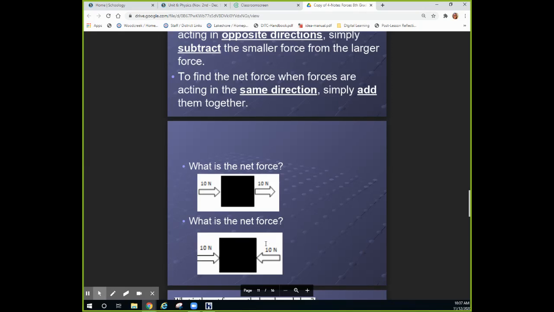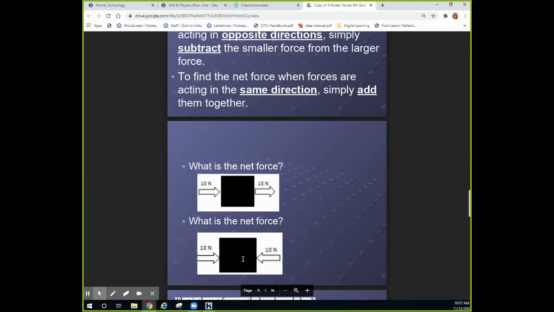So what direction is this box going to move in? Good, really good. So when we have a net force of 0, all our forces are equal, 10 and 10, for example, and in opposite directions. The net force is essentially 0. They all canceled each other out. So this box is not going to move.